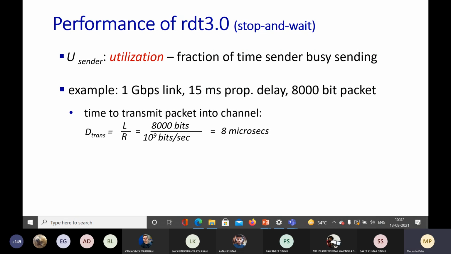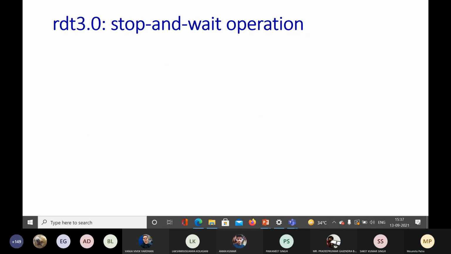The time taken to transmit the packet is the 8,000 bit packet divided by the link capacity, and this gives you 8 microseconds transmission delay. We have a propagation delay of 15 milliseconds and a transmission delay of 8 microseconds.